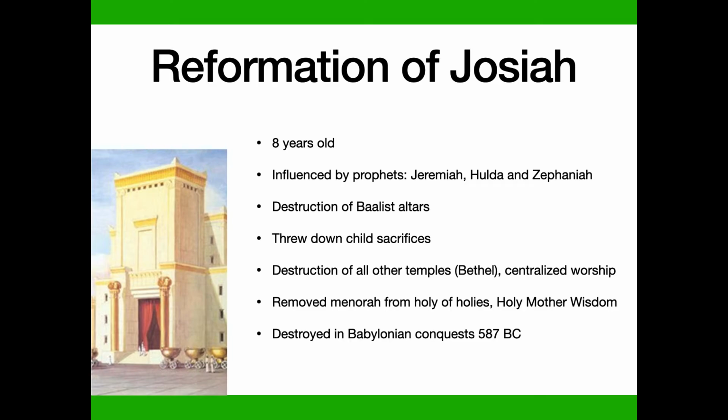He had never heard those things before. So he goes through and destroys the altars of Baal, the Baalist altars. He throws down the child sacrifices. These are good things. He's purging Israel of these bad things that Solomon introduced, and those things were perpetuated throughout those 400 years.